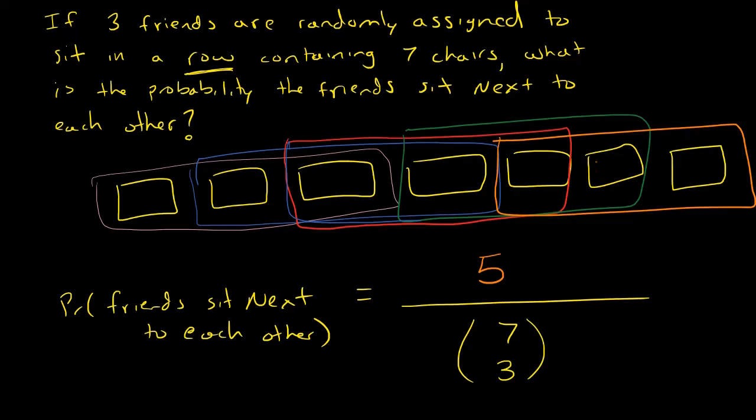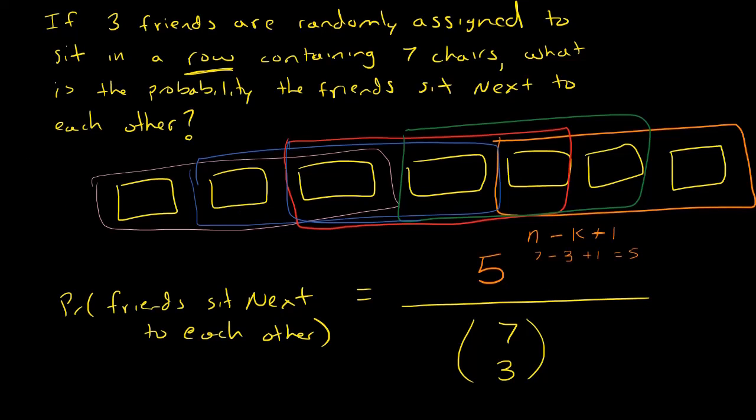So it would be n, the number of chairs, minus k, the number of friends that you have. We have 3 friends. That's 7 minus 3, and then plus 1 because the first chair also counts. So 7 minus the 3 friends plus 1, which is 5, right?